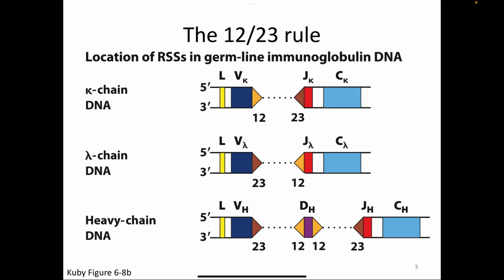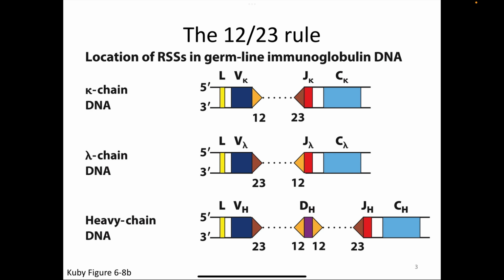So the basic idea is that the enzyme that we're going to see is going to pick a V, pick a D, bind to them, and eventually recombine them. And that binding is going to happen at these recombination signal sequences.